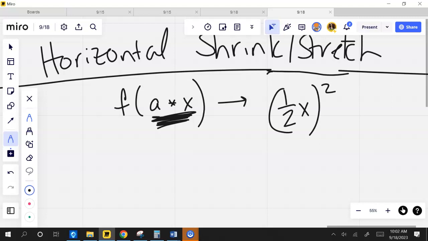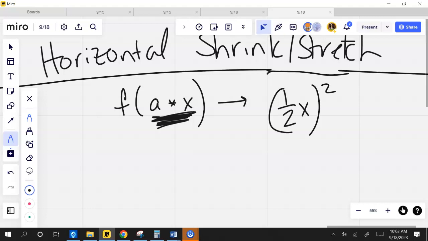Now you're going to see that a vertical shrink is the same thing, and think about it for just a minute. If I squish that Oreo in, right, a vertical shrink could be described the same as a horizontal stretch.